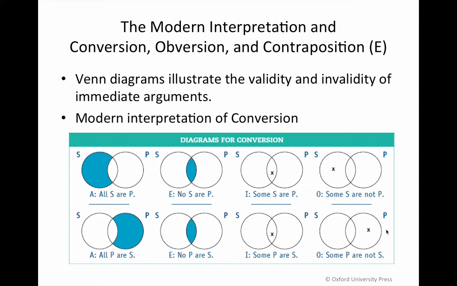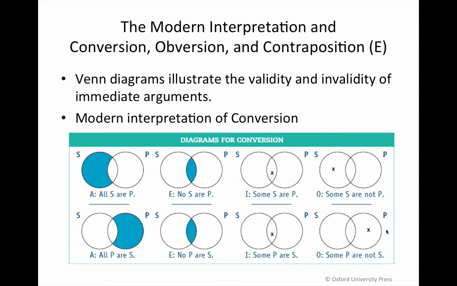So the first inference is universal affirmative to universal affirmative. The second inference is universal negative to universal negative. The third inference from the left is particular affirmative to particular affirmative. And the last inference, the far right, is particular negative to particular negative.